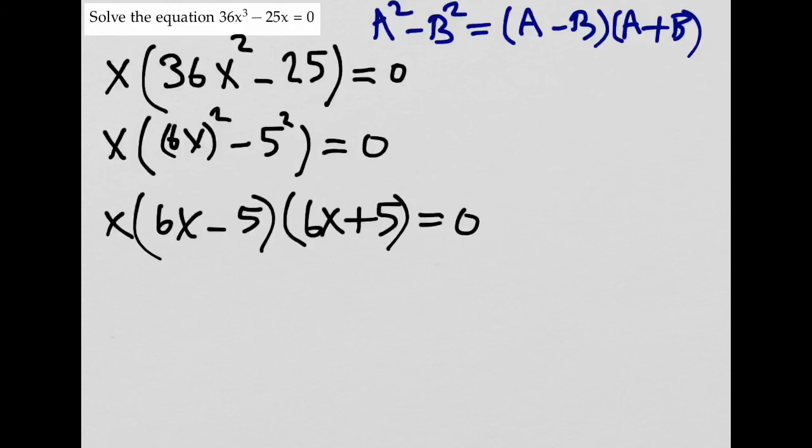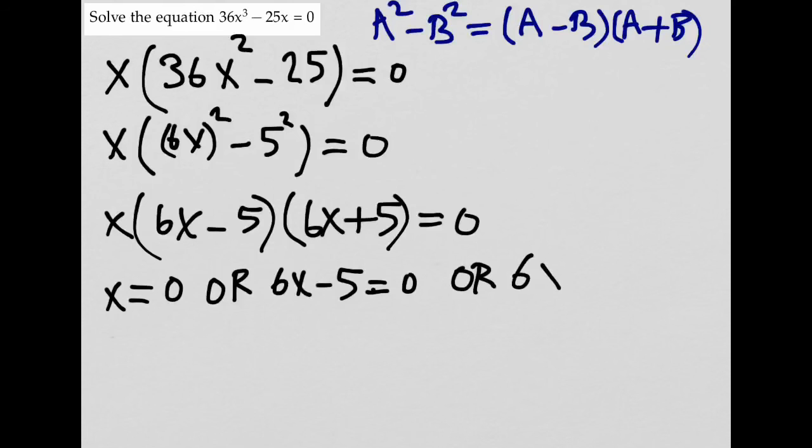equals 0. Using the zero factor property, we have x is 0, or 6x minus 5 equals 0, or 6x plus 5 equals 0.